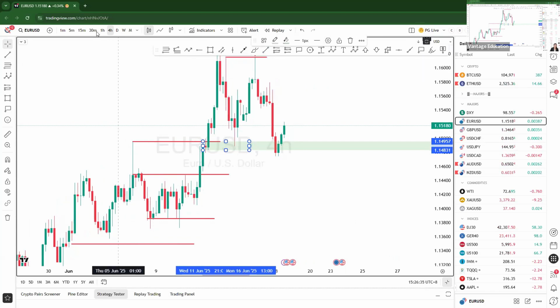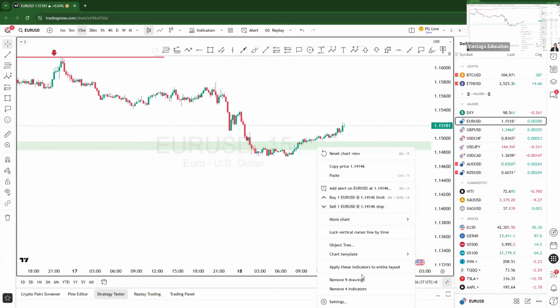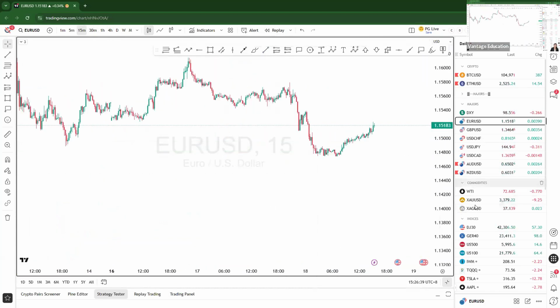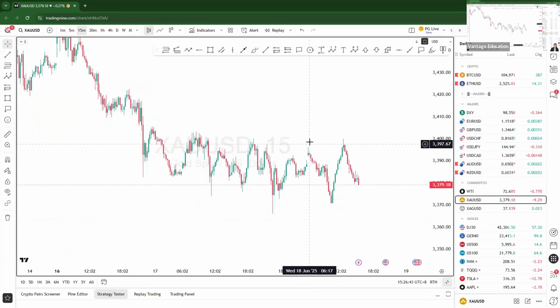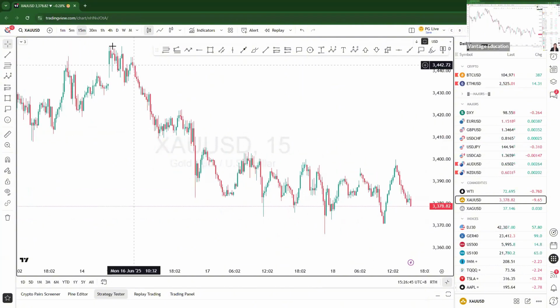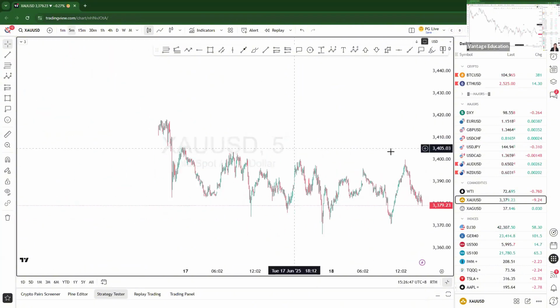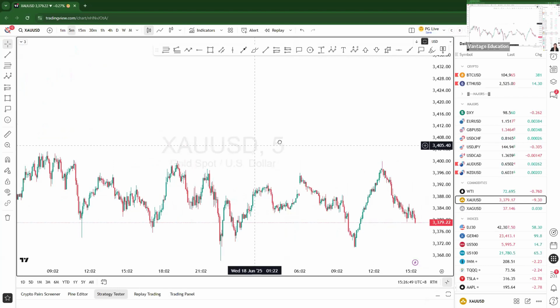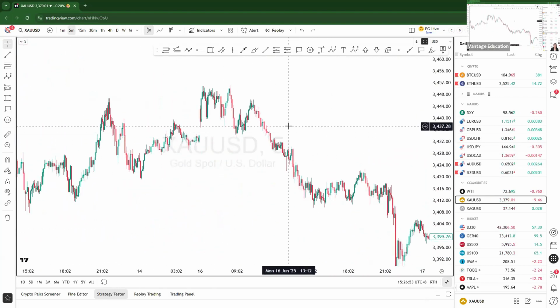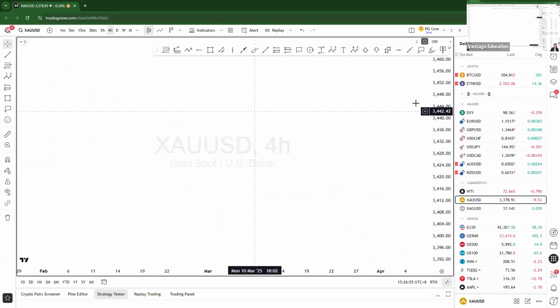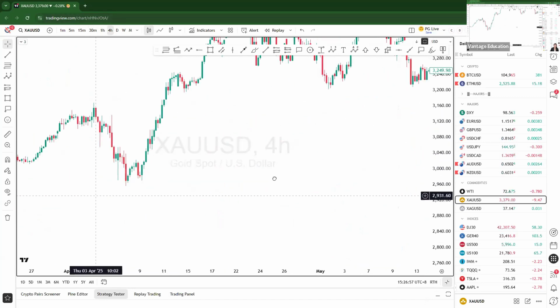Okay, if you are a scalper, if I'm doing scalping, I will draw my support and resistance based on M15. If I see those chart patterns, sometimes I even scalp on M5 if I see very nice price action. Okay, another one for the resistance level.